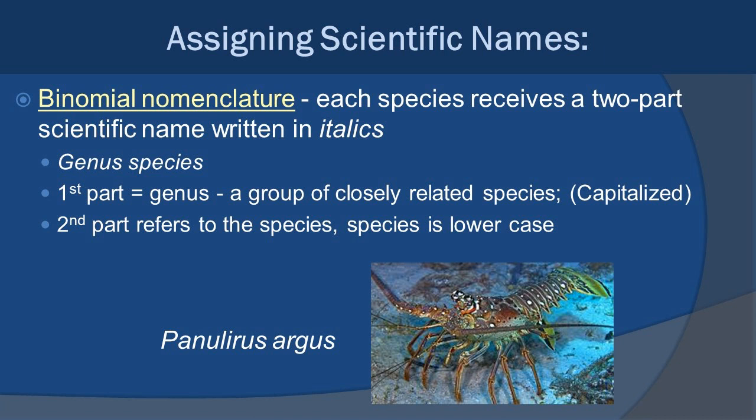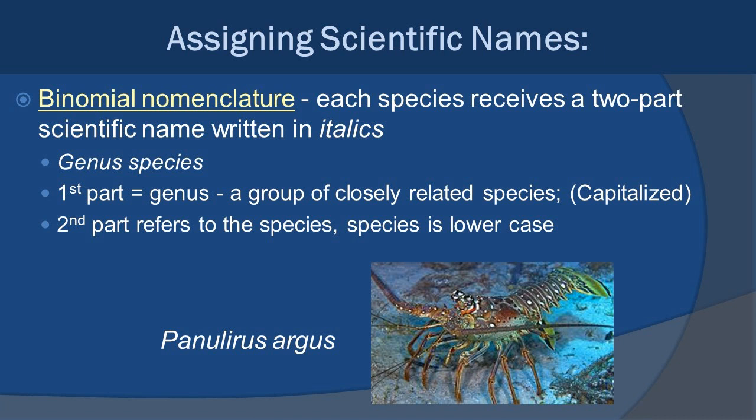So as taxonomists became a little bit more sophisticated, we started using what we call binomial nomenclature, which is a two-part name. And this is the genus species name. The first part of the name, or the genus, is the group closely related to that species. We generally capitalize that.